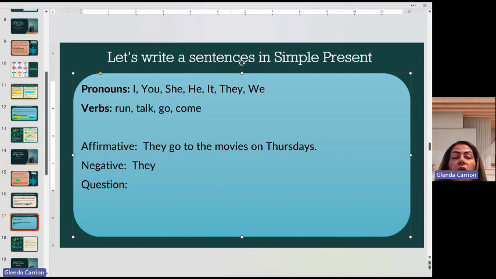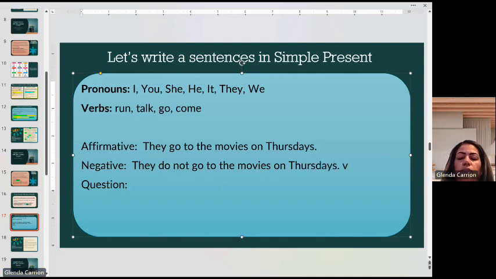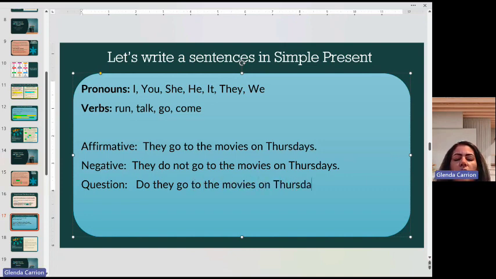With they, we need to use do not go to the movies on Thursdays. And question, auxiliary verb first. Do they go to the movies on Thursdays? Okay. And that would be your third example.